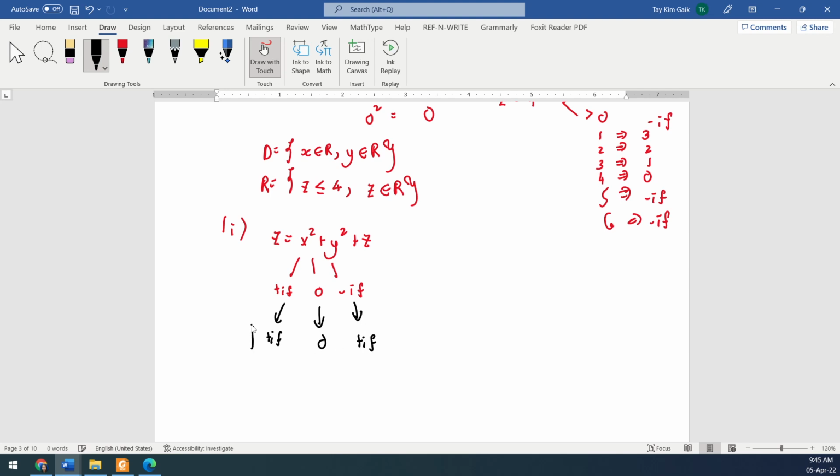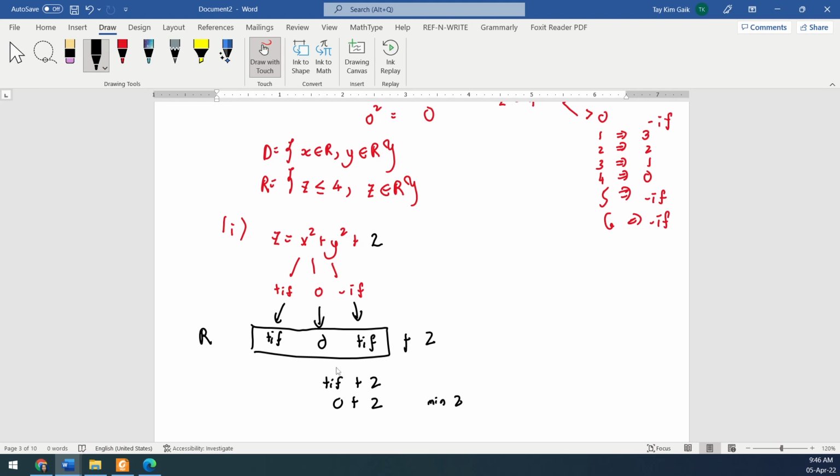So the result is actually your range. And then you have plus 2. If you have a positive value plus 2, or a 0 value plus 2, the resultant minimum value is 2.